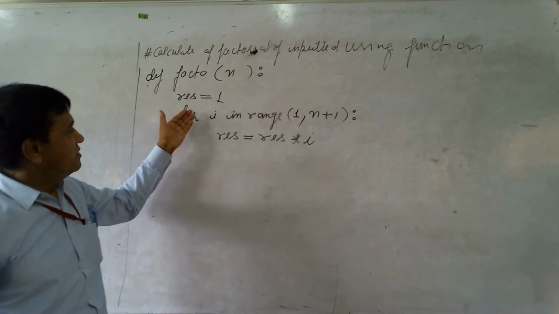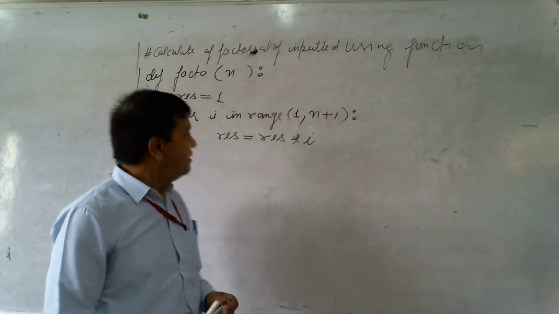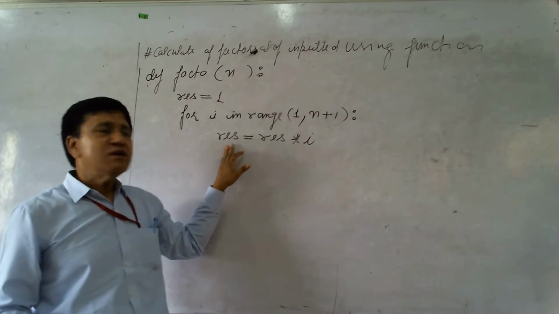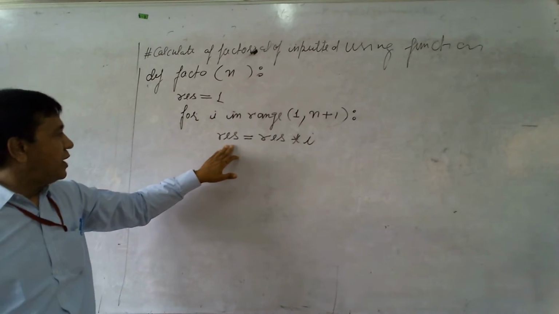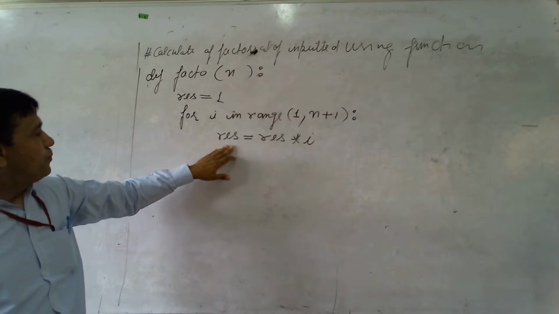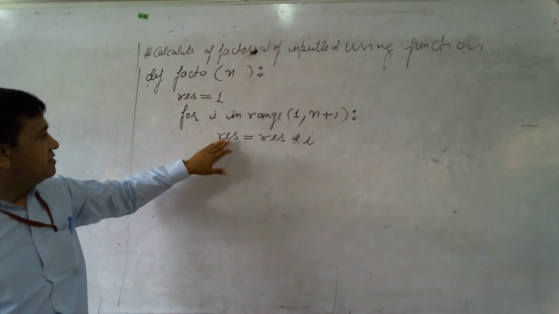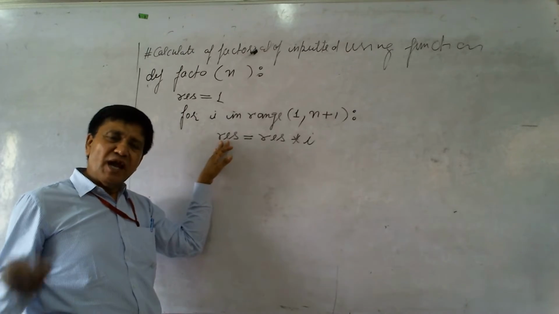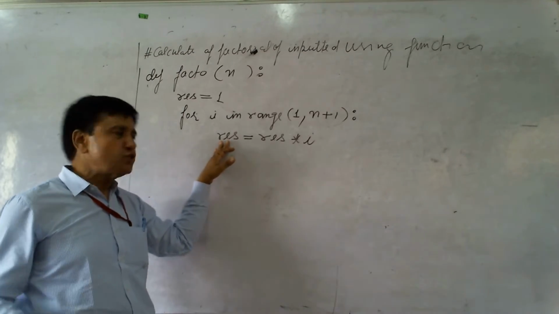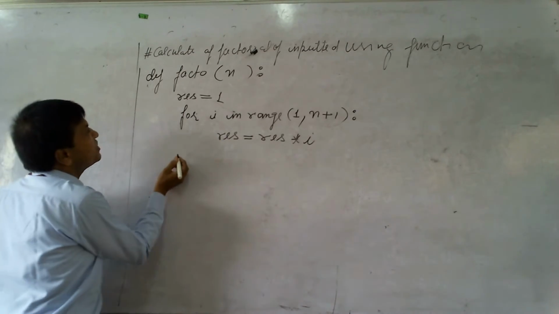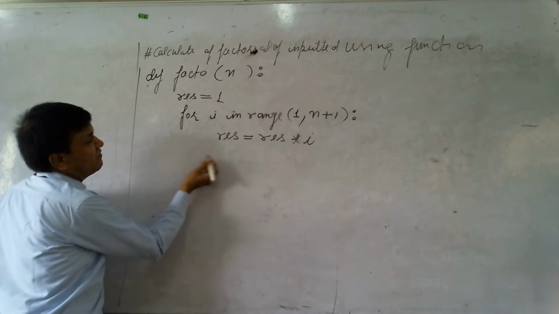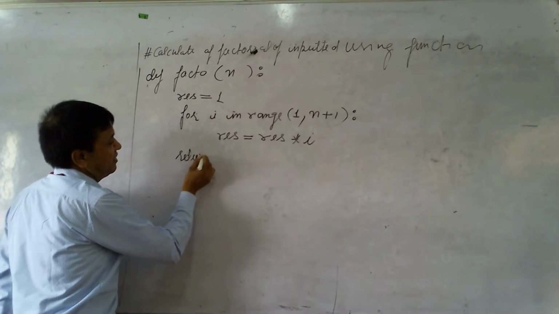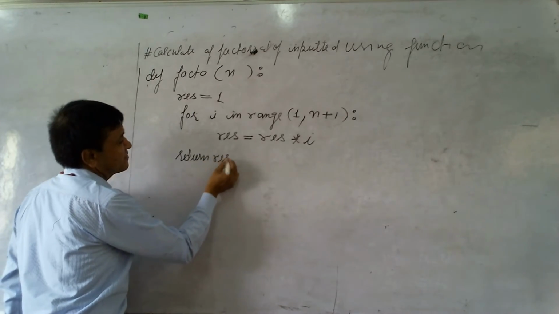When the execution of the for loop is completed, the value of the factorial will be stored in this res variable. So now we have to return this value of res to the line from where it was called. So I will write this statement, return res.